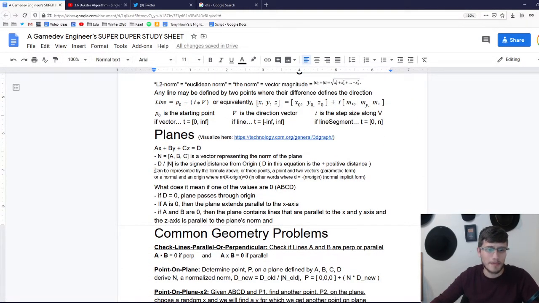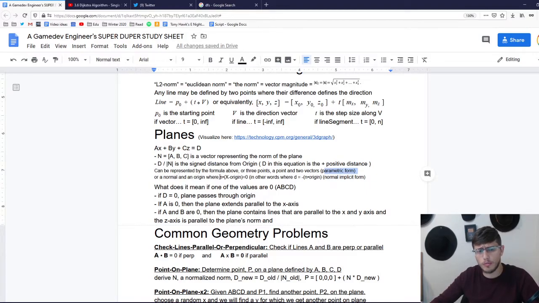But something to keep in mind is that there's multiple ways to represent a plane. You can also represent it using this formula, okay? But you could also say just 3 points. That's all you need to define a plane. You could also have a point and two vectors, and that's actually called the parametric form, and it's useful later for several derivations. And then, of course, you can also say the normal and the origin.